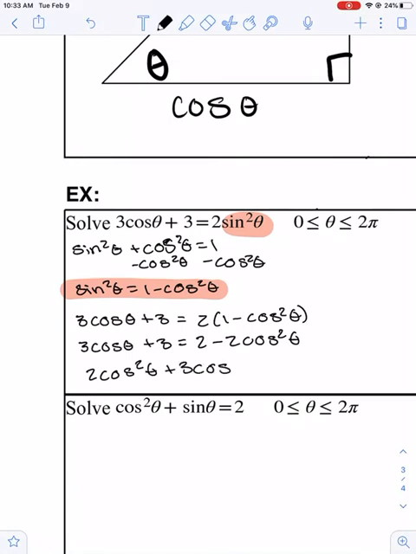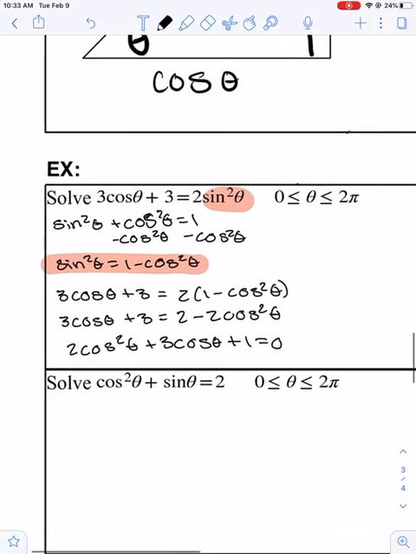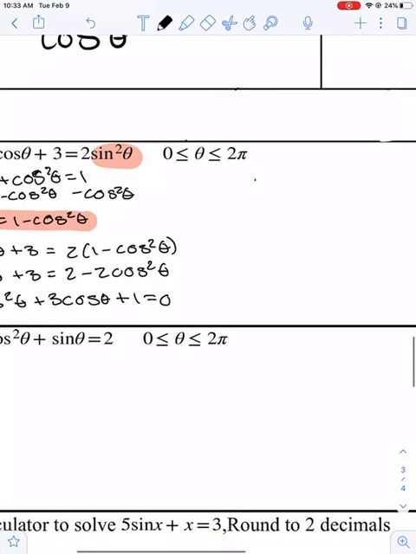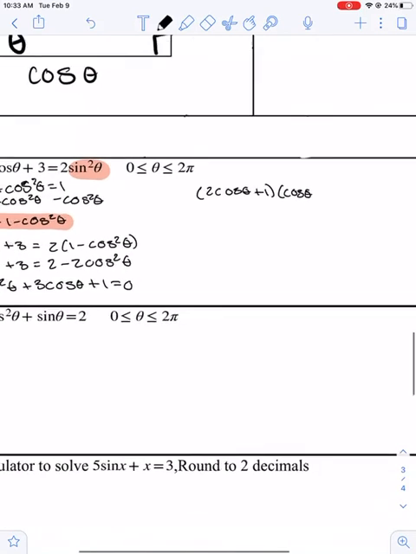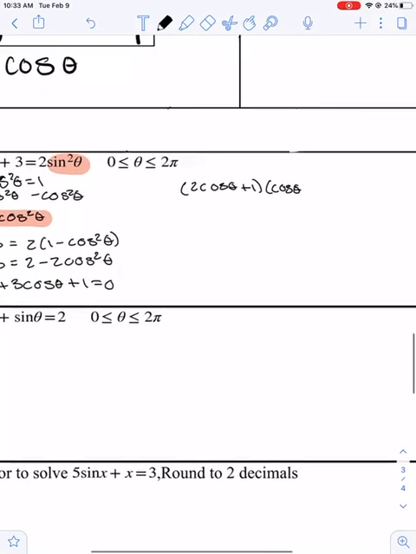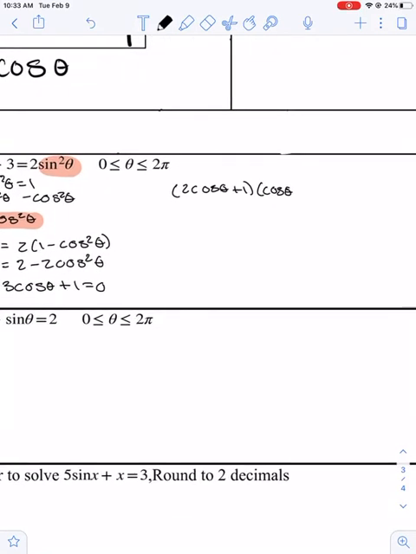And I get 2 cosine squared theta plus 3 cosine theta plus 1 equals 0. Again, I'm going to go ahead and factor, and I end up getting 2 cosine theta plus 1 times cosine theta plus 1 equals 0.